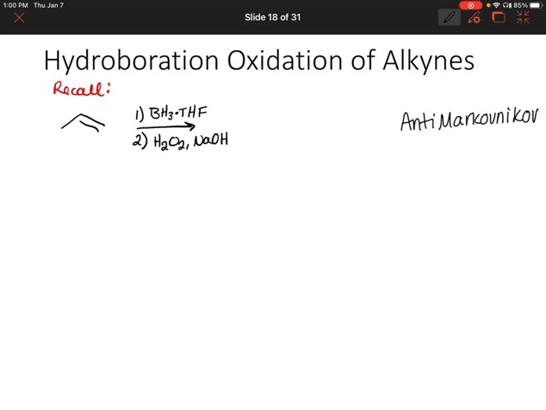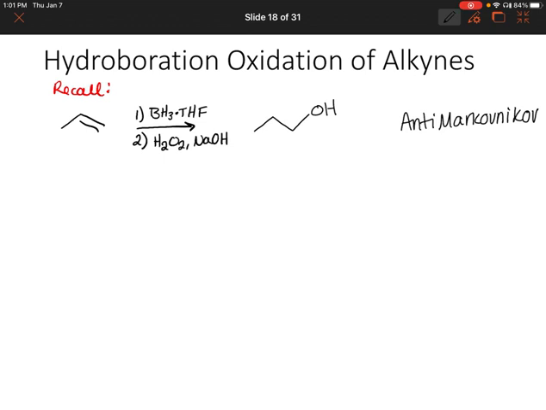But which functional group are we adding here? Is it a halogen, an alcohol, a ketone? It's an alcohol. So we get an alcohol group that's going to add to the less substituted carbon on the double bond.